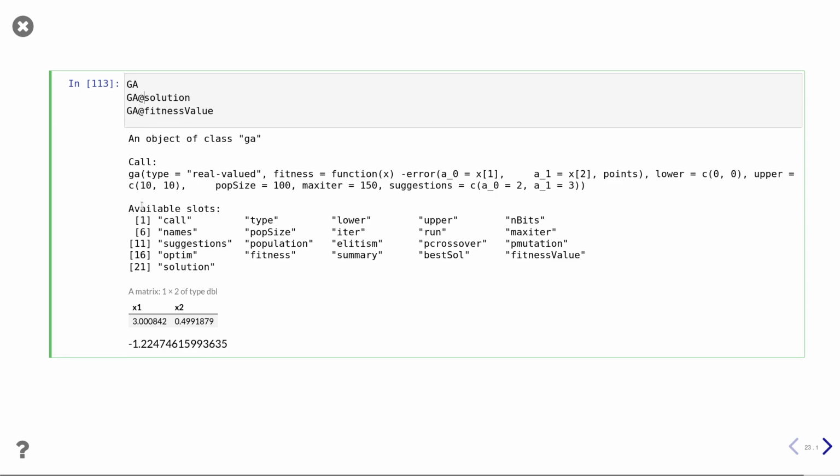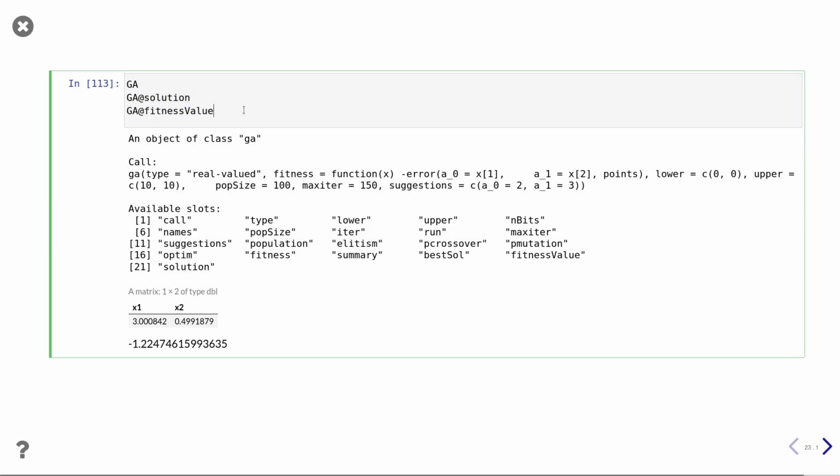So these are the slots, and that means these are the components that I can access. And so if I go GA solution, it will show me what values of A0 and A1 in my vector, so X1 and X2, it has found that give me the lowest fitness value.